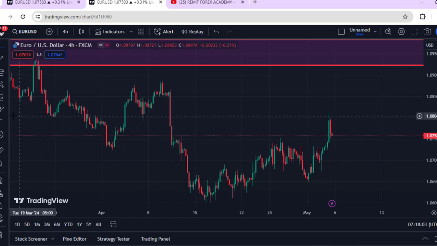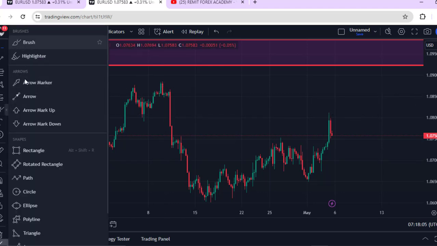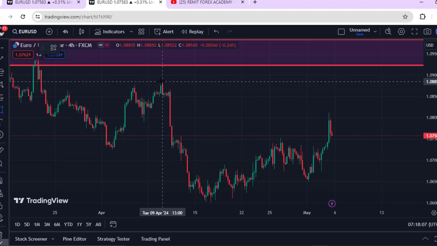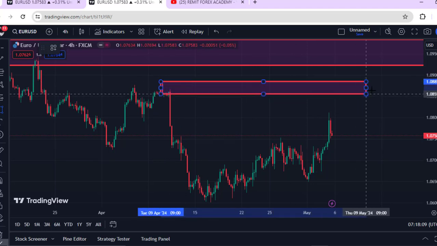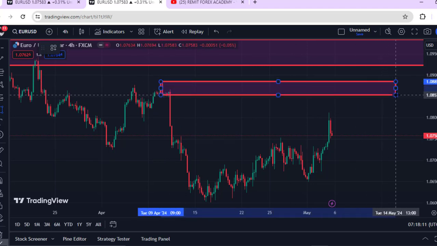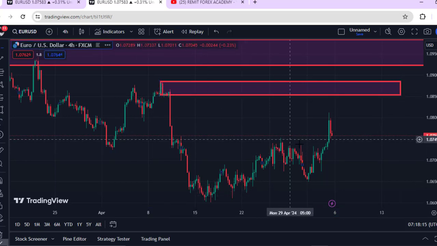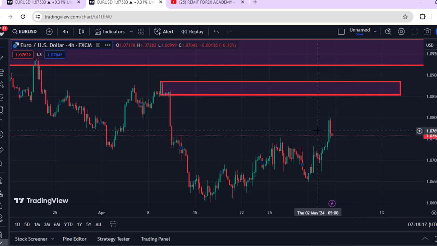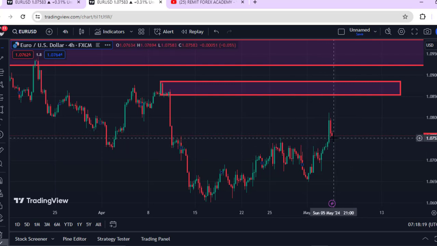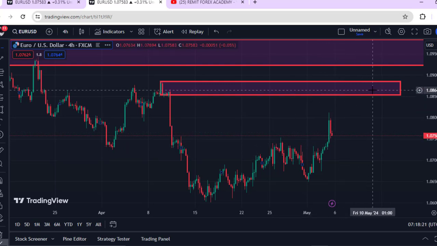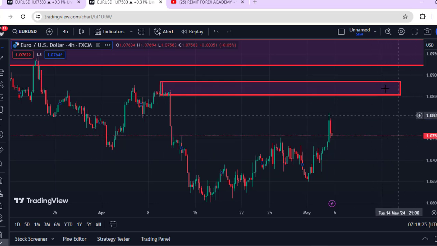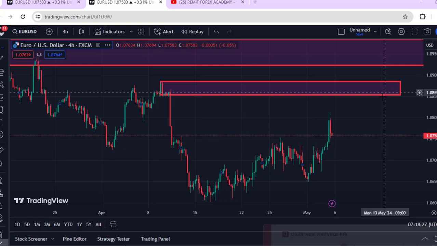So from this very point of resistance at this very area, this is a very important resistance on the chart which the market has not approached yet. And right now we've seen the market begin to create a series of higher highs from this very area. What this means is we can take a buy position into this very point and then look for a short position coming back down into this very area of resistance.